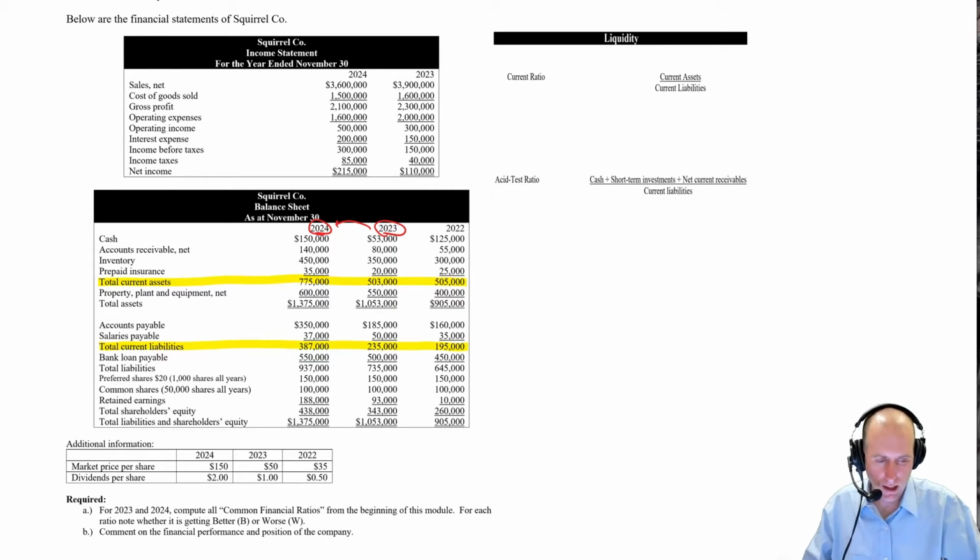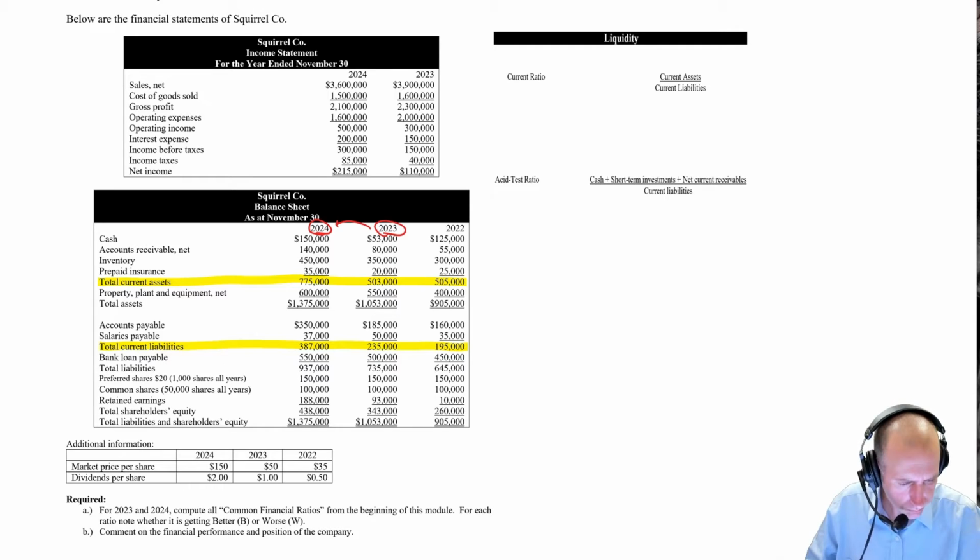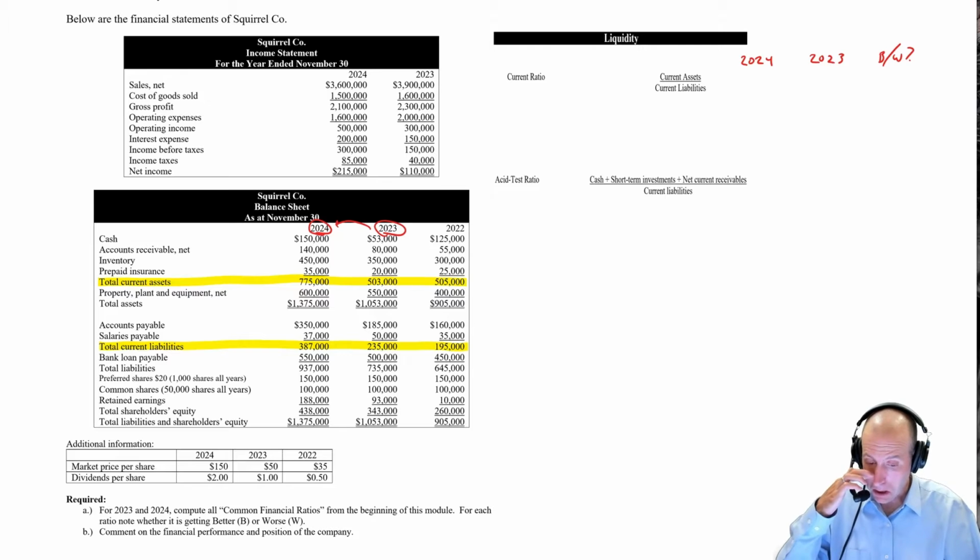So let's do this for the current ratio. We'll order 2024, 2023, and then better or worse. So 2024, we'll start there.